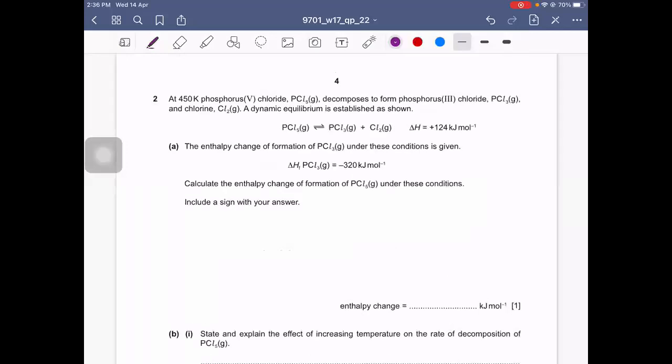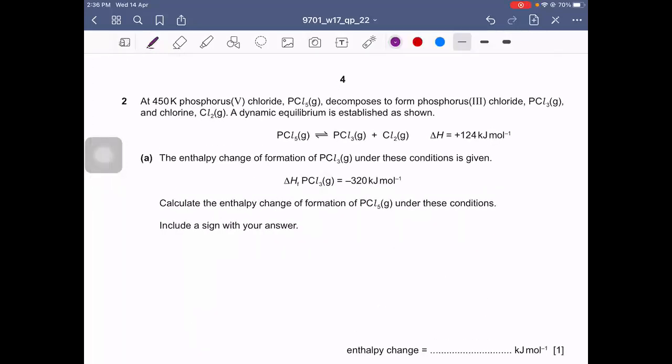Next part, they say at 450 Kelvin, phosphorus pentachloride decomposes to form phosphorus trichloride. The enthalpy change of formation of PCl3 under these conditions is given below. For the formation of PCl3, the reaction value is minus 320.